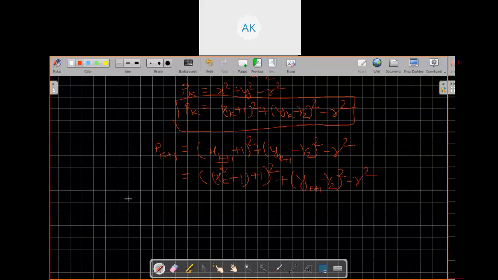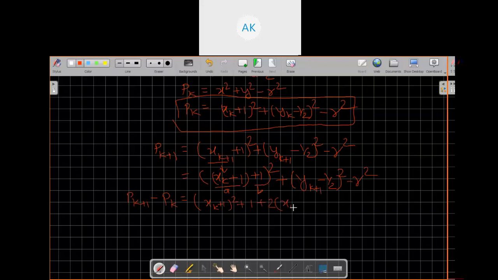Now subtract pk from pk plus 1. Okay, just simplifying. So this is your equation of pk plus 1. Apply the whole square. Just consider it is a and this is b. Apply the formula a plus b whole square equals a square plus b square plus 2ab.